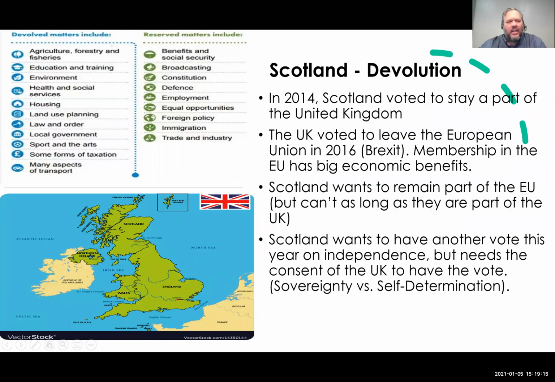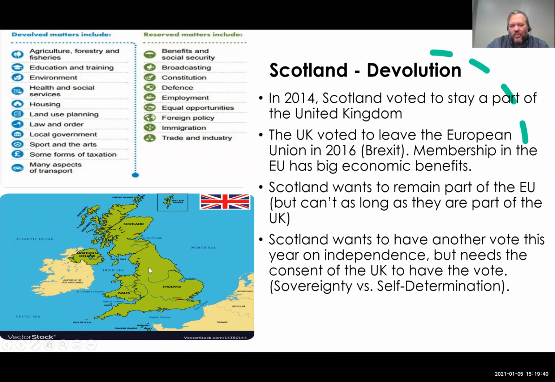So Scotland is another area that's going through devolution, and they're also one of the independence movements. All right. And so Scotland in 2014, let's take a look at this map here just so we're all clear. So the United Kingdom, and this stumped me for a long time, but it's really quite simple. The United Kingdom is made up of 4 different places. We've got Scotland, Northern Ireland, England, and Wales.